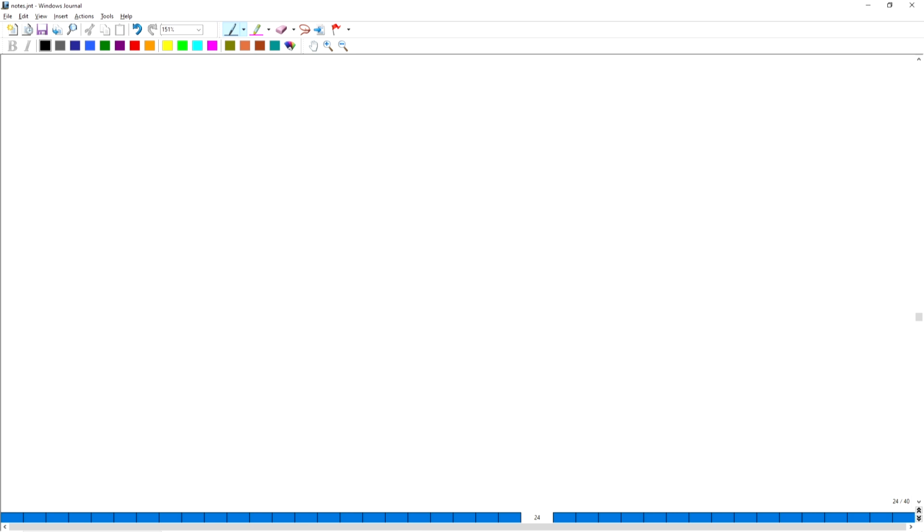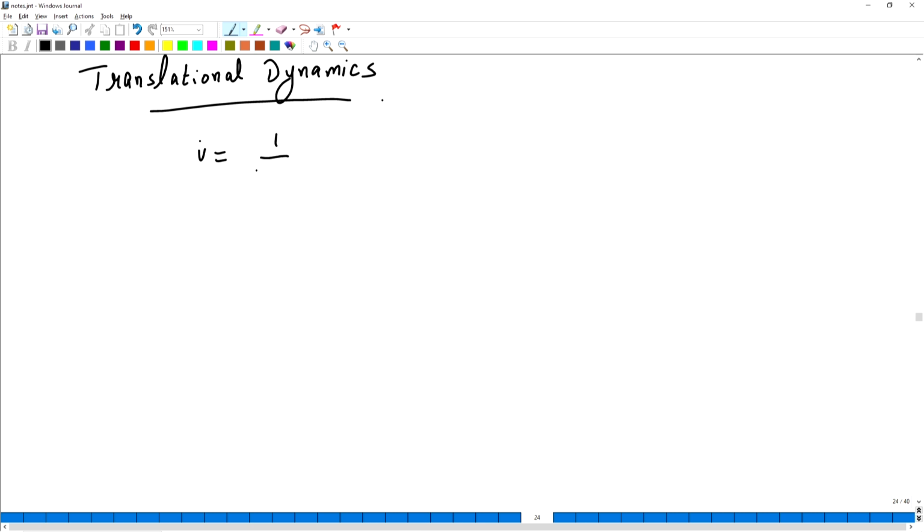Let me rewrite the equations starting with the translational dynamics. We have u dot equals to 1 upon m times Fx A plus Fx P plus Fx G, minus qw plus rv.